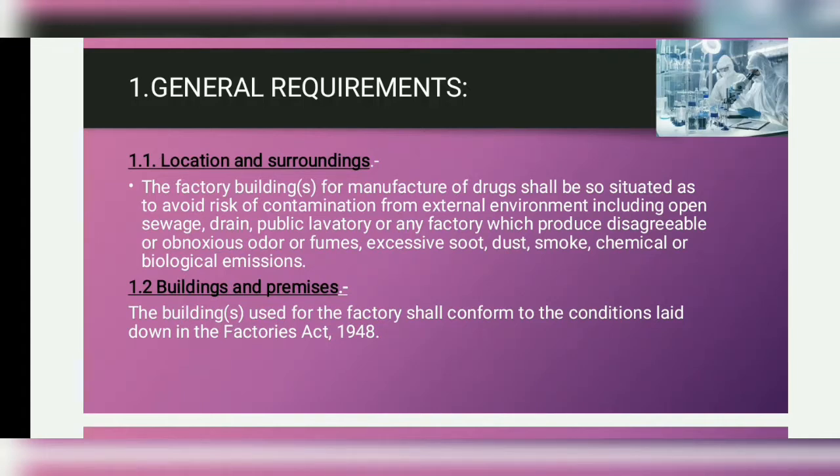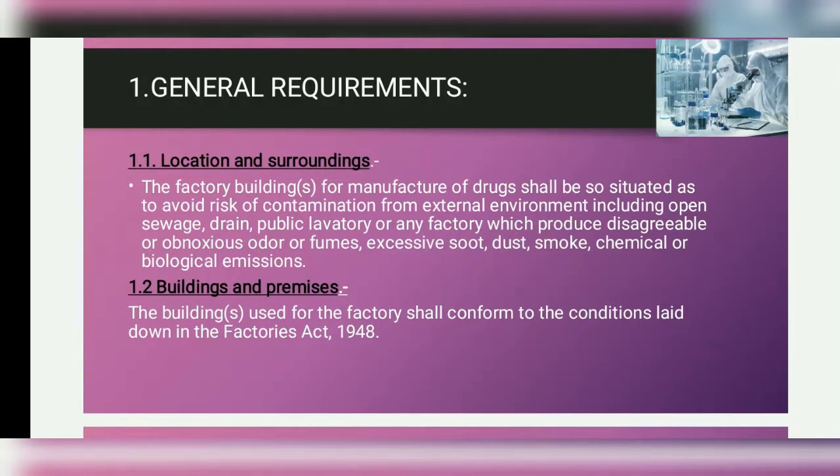The buildings and premises specified in GMP must conform to the conditions laid down in the Factories Act 1948. So, what is the Factories Act 1948? The Factories Act 1948 is a social legislation which has been enacted for occupational safety, health and welfare of workers at the workplace.